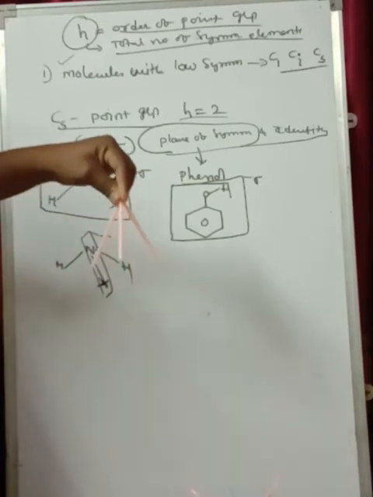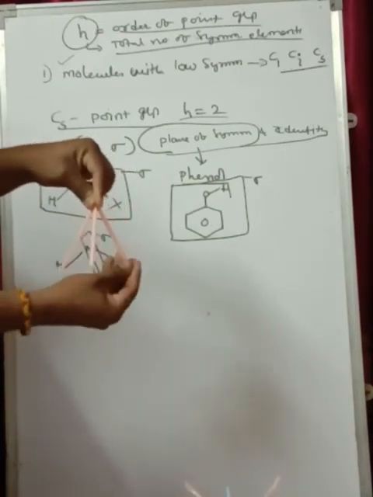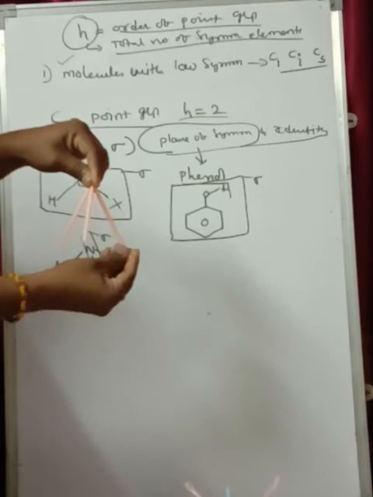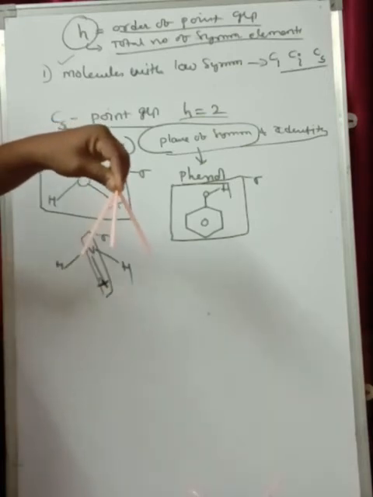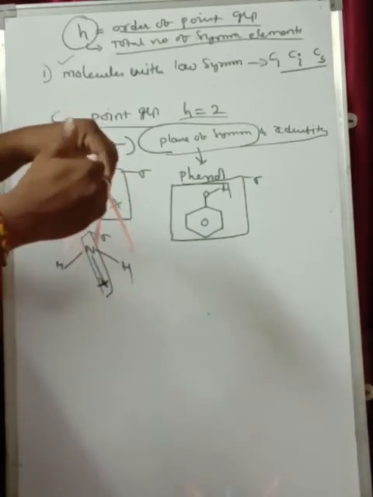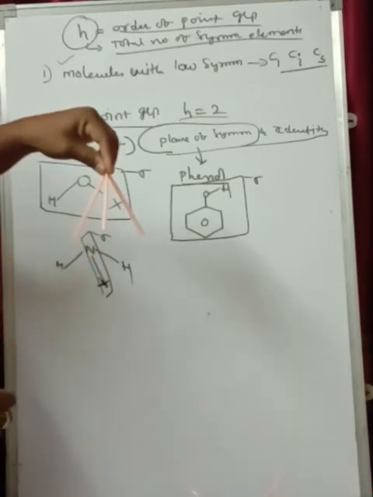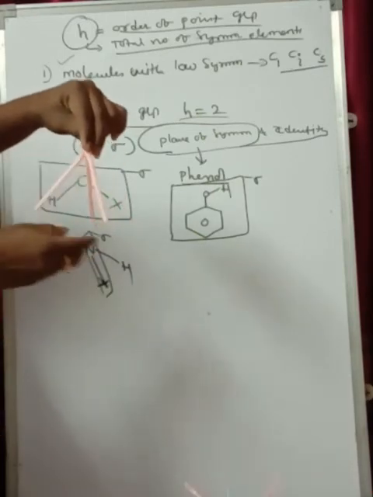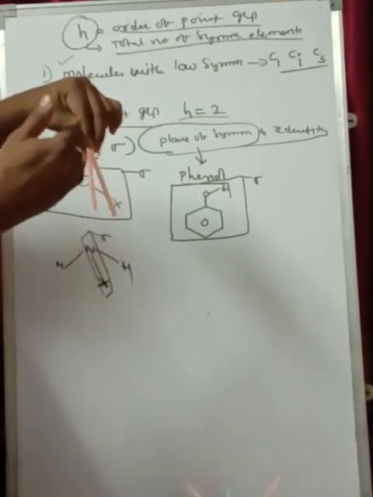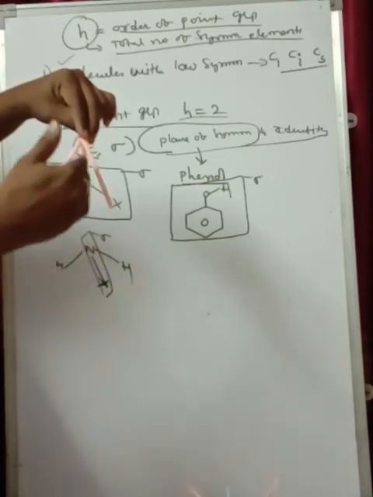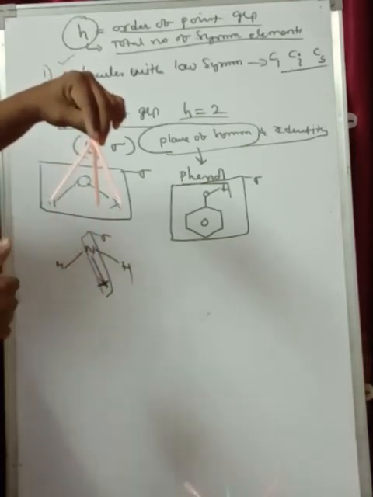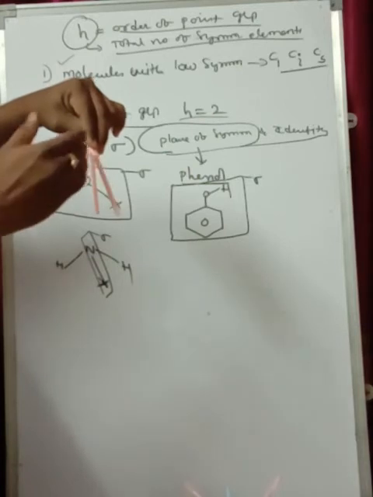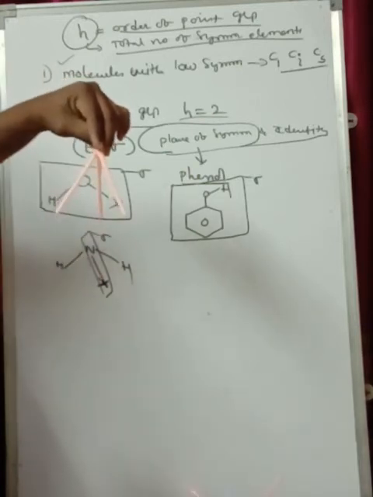This is the nitrogen, these two are the hydrogen atoms, and this is the X atom. So the plane is passing through the nitrogen and X, which will give you two equal halves. Therefore, we say that this particular molecule has only a plane of symmetry.